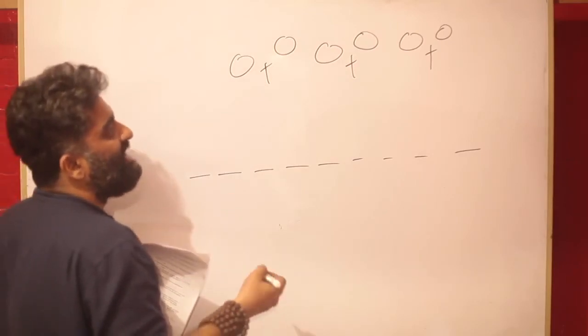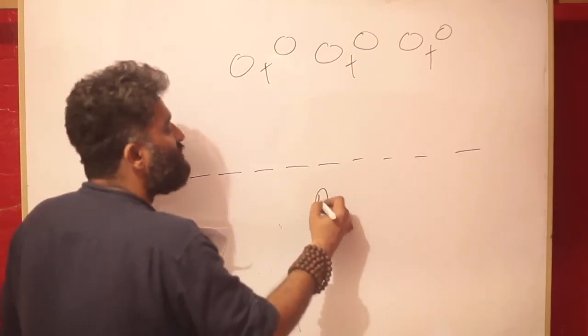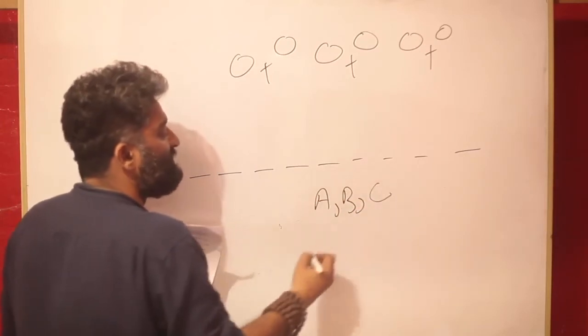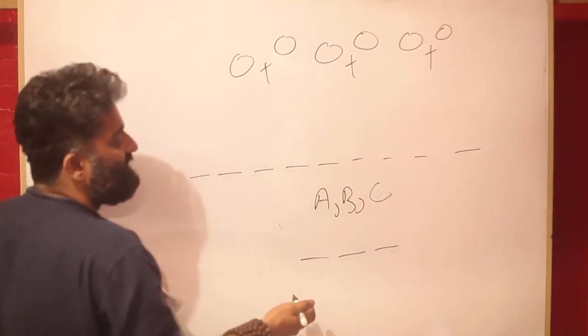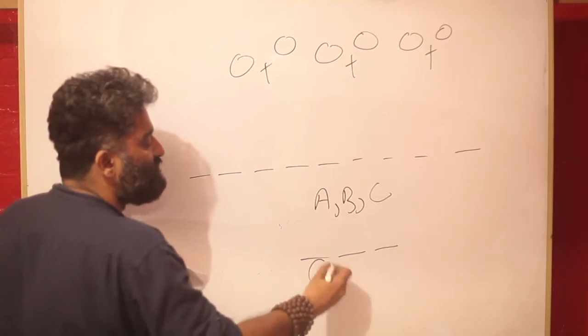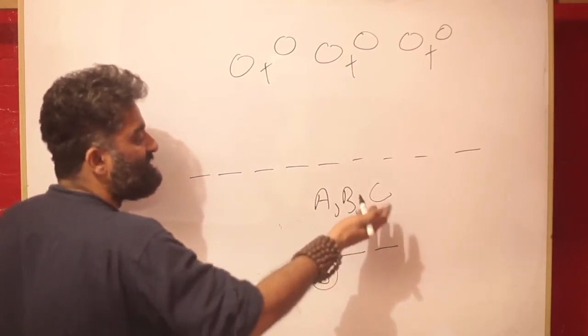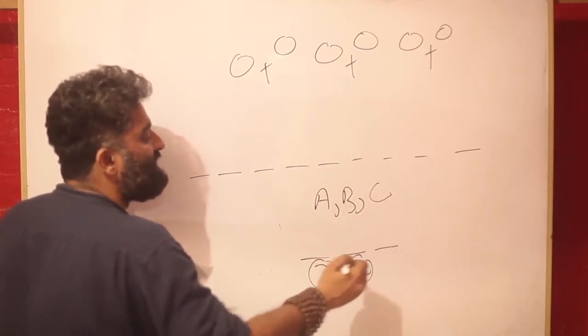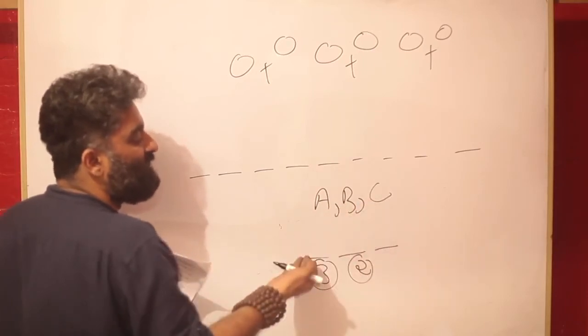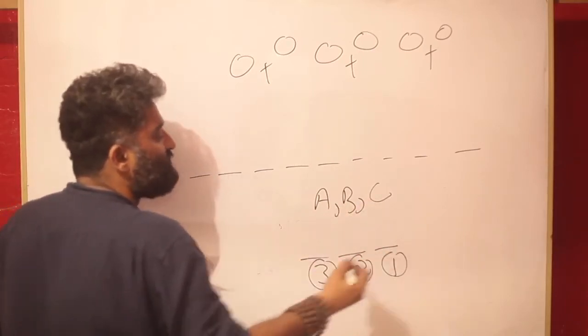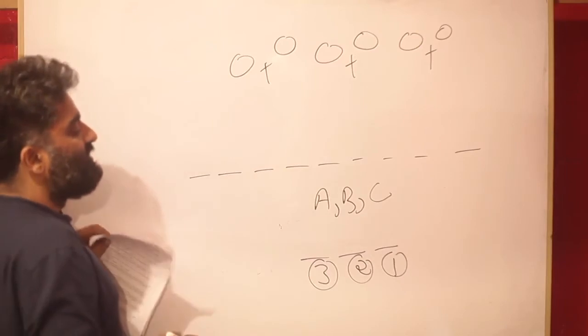Quickly revise the idea of seating people in a row. So say there are 3 people and you want to seat them in a row. Very, very easy. For the first position you have 3 possibilities, A or B or C, right? For the second you will have only 2 possibilities because one of them will be gone in the first seat. And for the last you will have only 1 possibility, right?